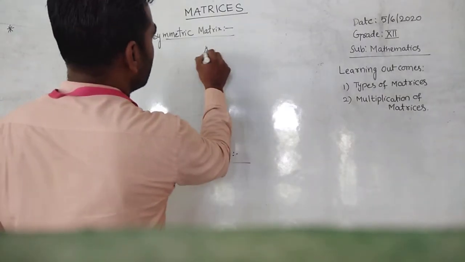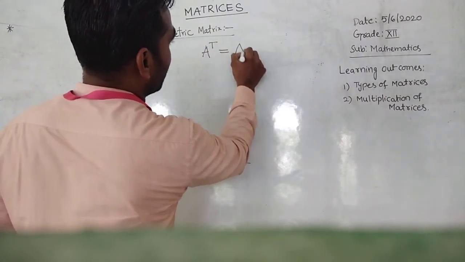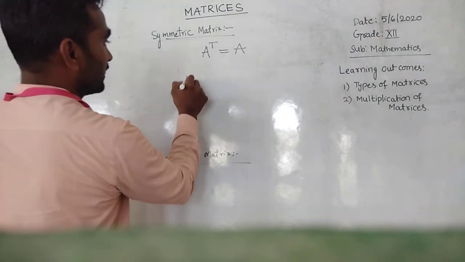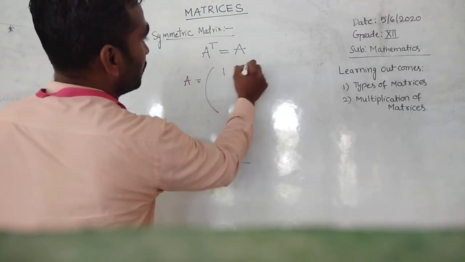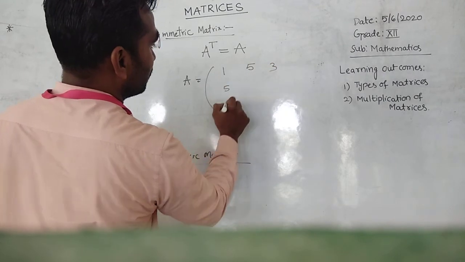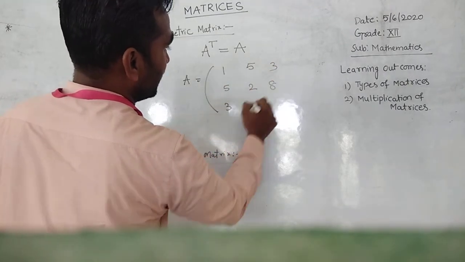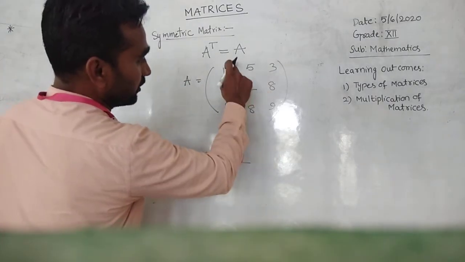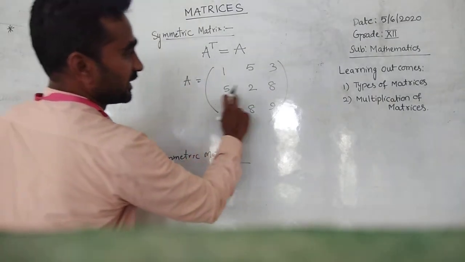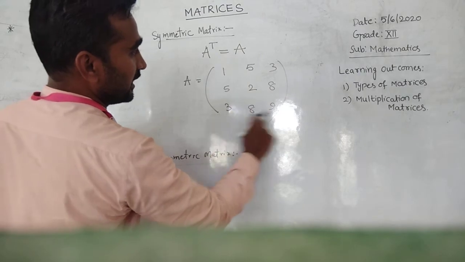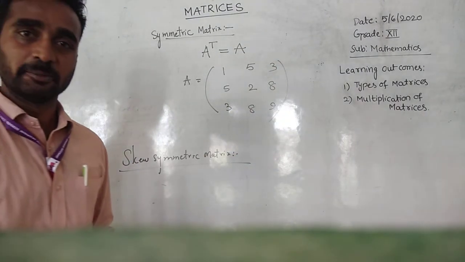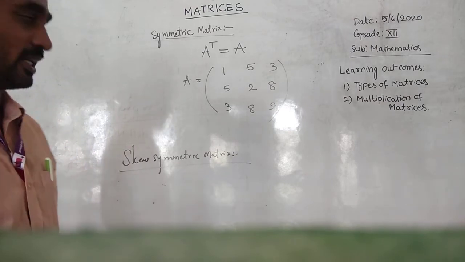If the transpose of the matrix A gives the same matrix, A power T is equal to A, the matrix is said to be a symmetric matrix. For example, A is [1, 5, 3; 5, 2, 8; 3, 8, 9]. What is the first row? 1, 5, 3. What is the first column? Same. What is the second row? 5, 2, 8, same as the second column. Third row 3, 8, 9, same as the third column. So the transpose gives the same matrix. A power T is again itself. So A is known as symmetric.